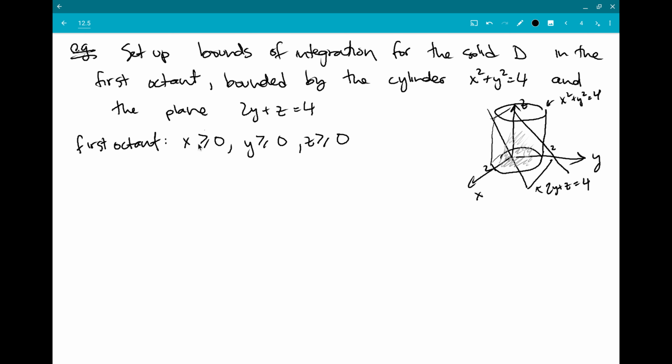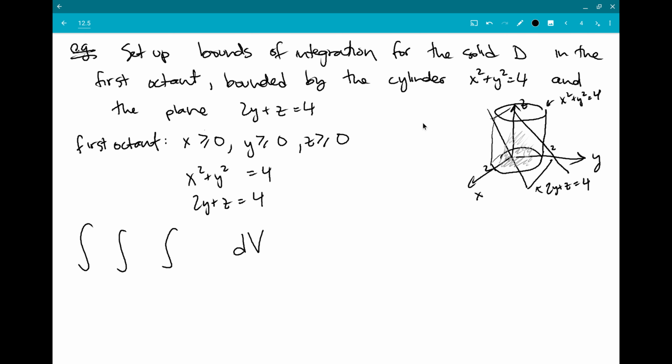All right, so first octant told us x is greater than 0, y is greater than 0, z is greater than 0. And then we also have x squared plus y squared equals 4 and 2y plus z equals 4. Those are kind of the facts that were given to us in this sentence.